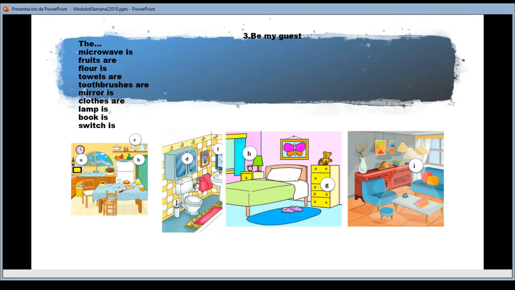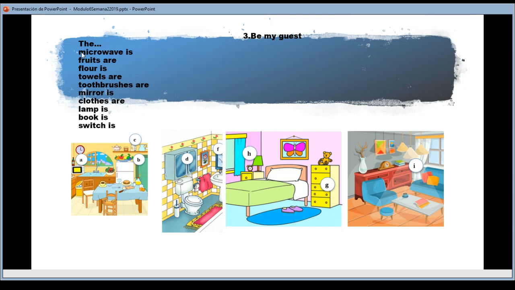For example, first we have the spaces in the house or the parts of the house: the kitchen, the bedroom, and the living room. And then check the vocabulary, make a list. You may work on your computer or on your tablet or your notebook, for example, and make a list like this.